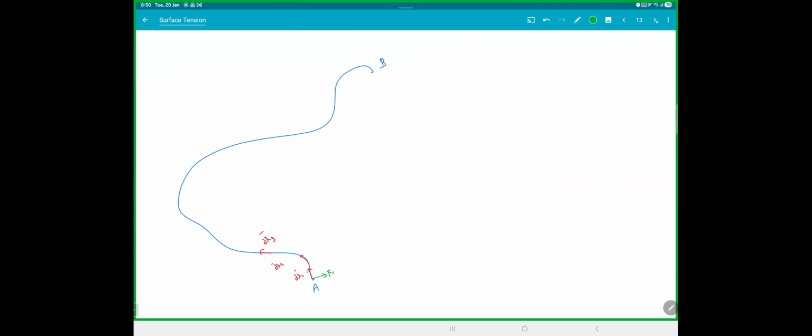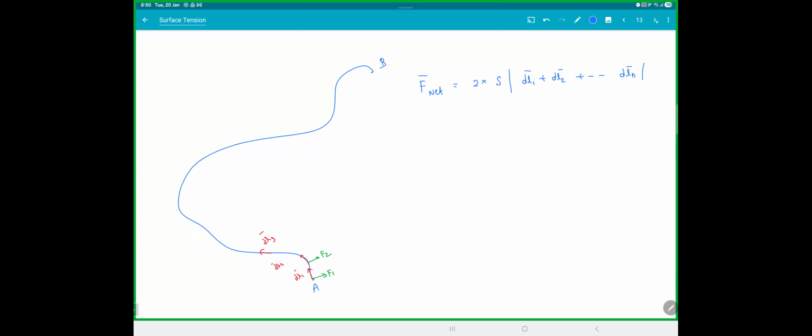This will give you a force F1, this will give you a force F2, and so on. So F net will be 2 into S into the summation of all these vectors, dl1 bar, dl2 bar, and so on till dln bar.